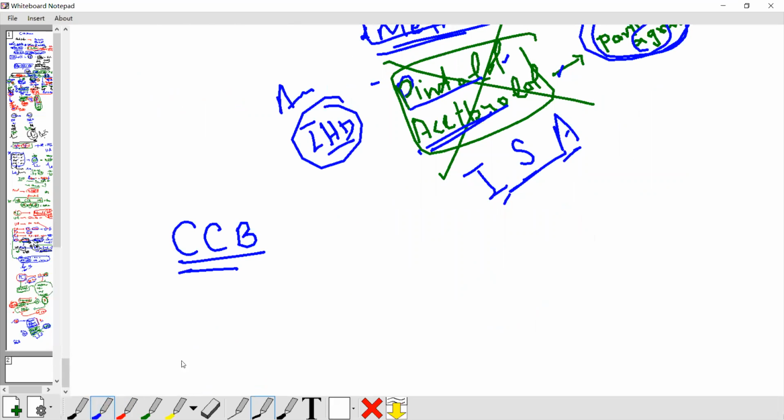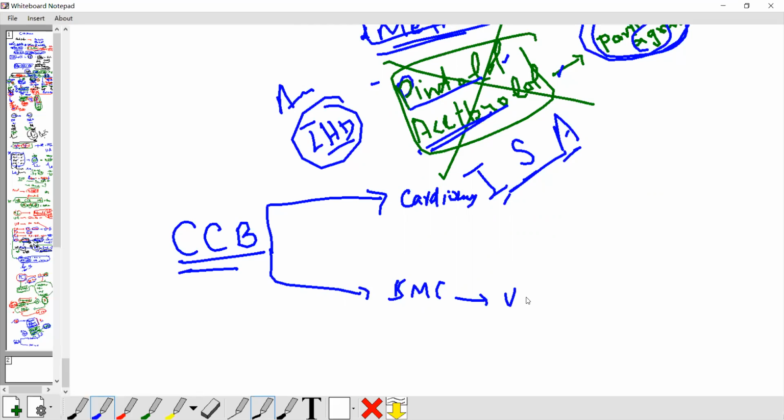Now move on. Calcium channel blockers. Calcium channels are present on cardiocytes, and also on smooth muscle in vessels. According to the channel, calcium channel blockers can be divided into two main groups.